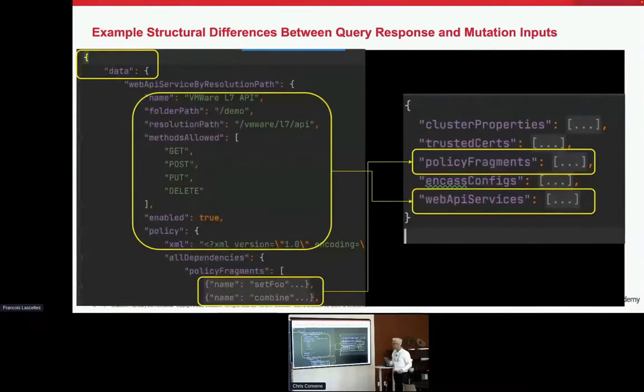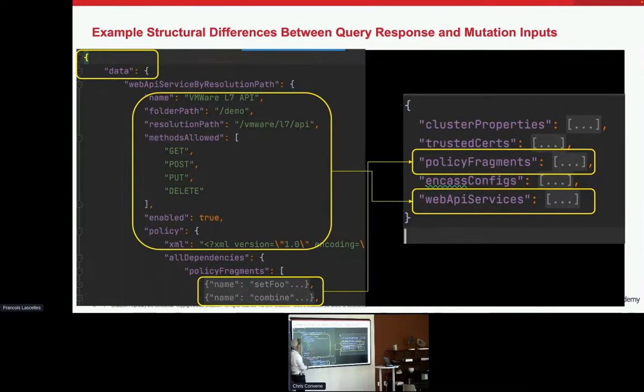We're doing some dependency analysis for a web service here. And so deep in there, we're finding dependencies that have their own policies and stuff like that. When we apply a bundle of configuration, we want to apply a flat bundle where all of the policy fragments are together in one area, regardless of who they depend on. So we need to massage this information.